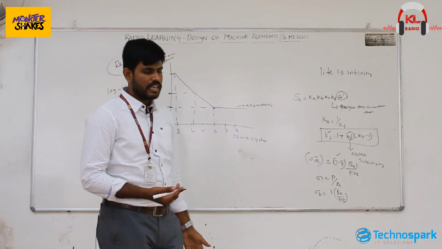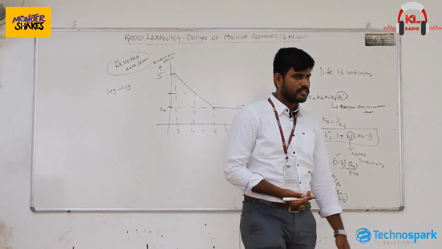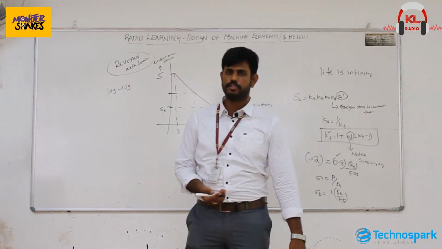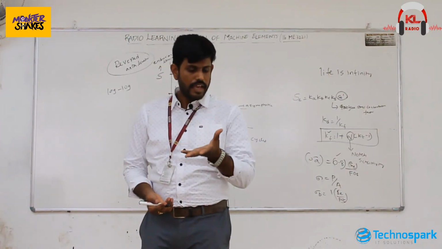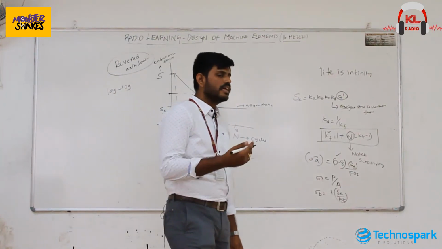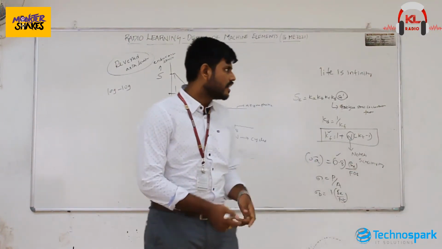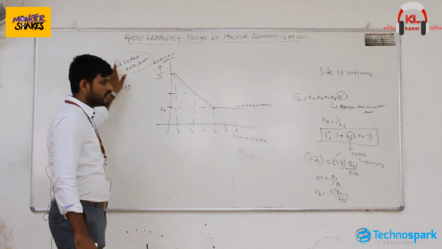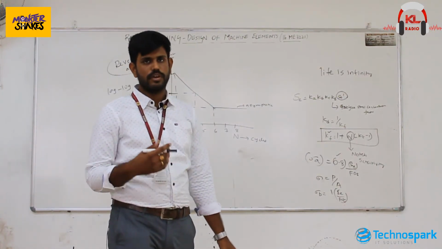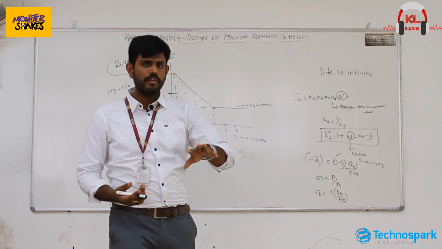Interpolation is nothing but a linear equation: y minus y1 is equal to (y2 minus y1) by (x2 minus x1) into (x minus x1). It's a straight line equation. From that you can find the unknown in the equation. So that is for reversed axial loading, in which we have two cases: the first is an infinite number of cycles and the second is a finite number of cycles.